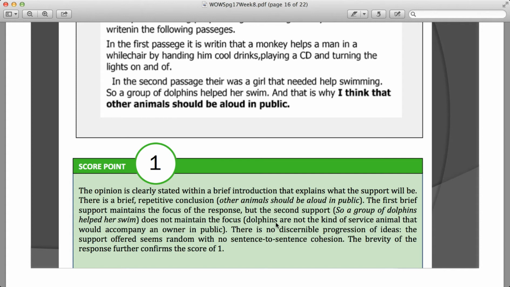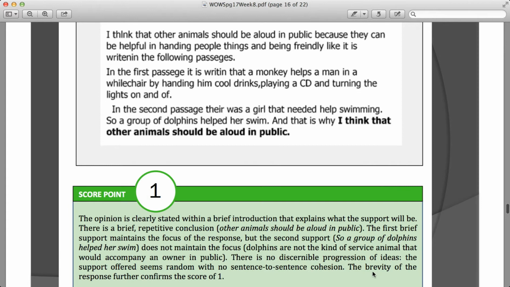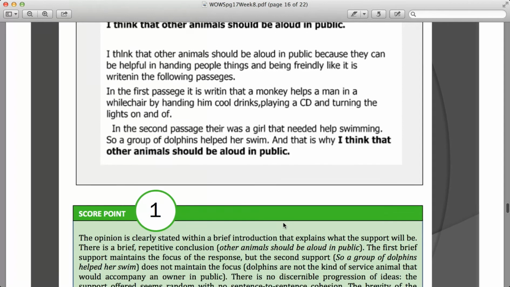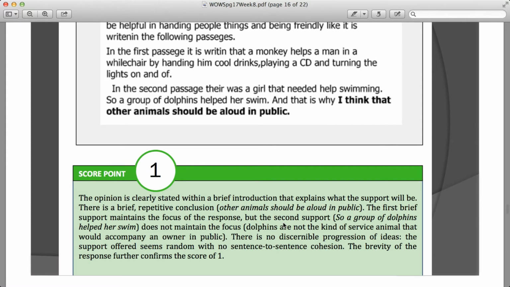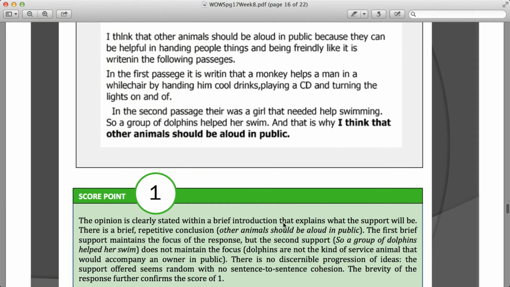In other words, the line that they said about dolphins, well, there's really no discernible progression of ideas. And it says the support offered seems random with no sentence-to-sentence cohesion. The brevity of the response also confirms the score of a 1, meaning it's short. So the student didn't spend a lot of time, and this, as I've pointed out, would score a 1.